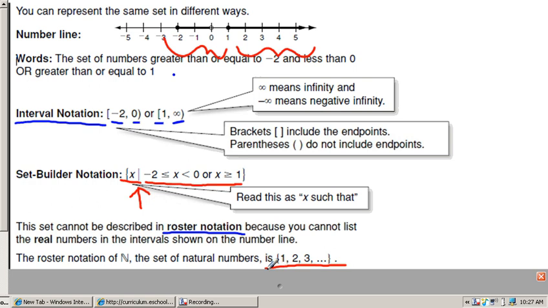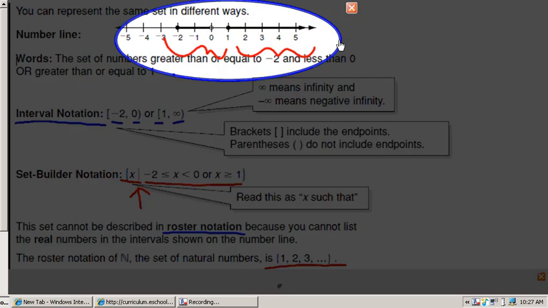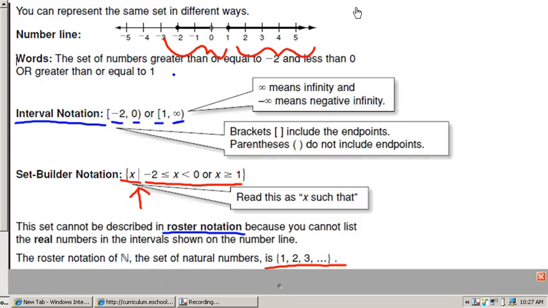So now there are some numbers that you cannot write in roster notation. For example, what we have up here on this number line, we would not be able to write in roster notation, because if you look at, for example, what we have here, from 1, even just 1 to 5, there are so many numbers in between 1 and 5.